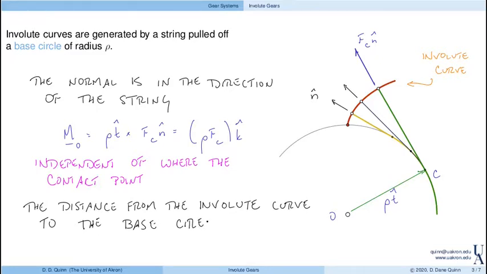So again, if I want to know the length of the string that I have pulled off the circle, that would be from here to, say, here.